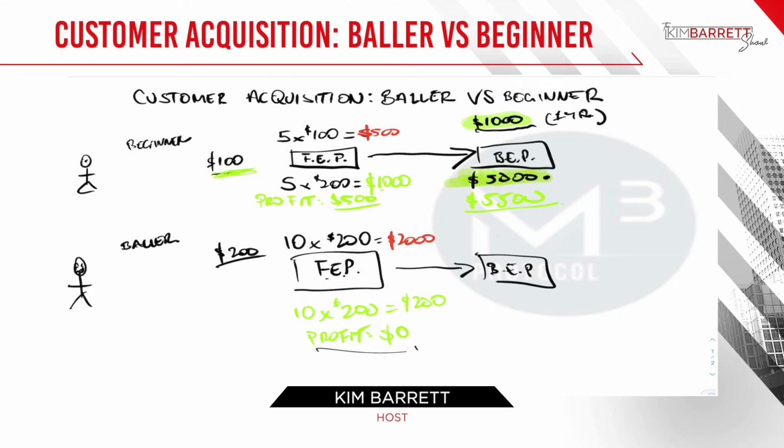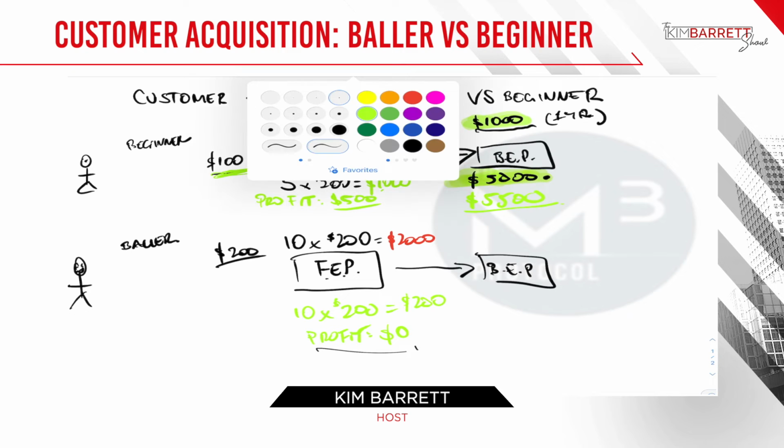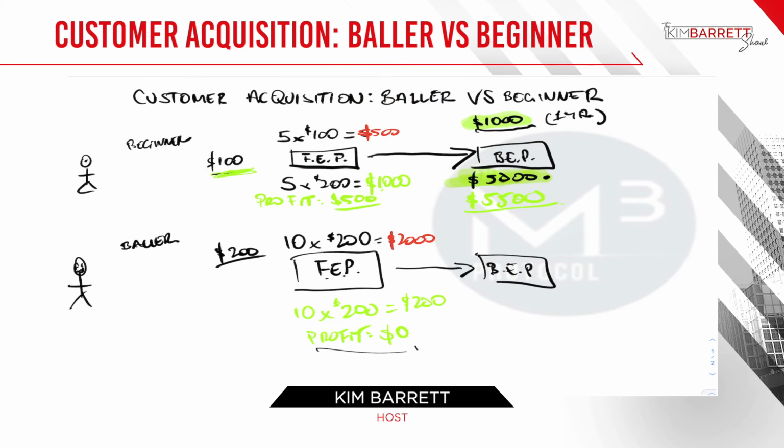However, this is where the mass and scale really comes into play, because if we look at these guys down here who are balling out, what happens to them is they start to increase. They have the same lifetime value of $1,000, but they have 10, so they have $10,000 sitting pretty in their lifetime value.